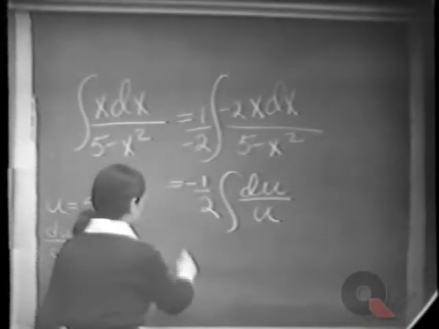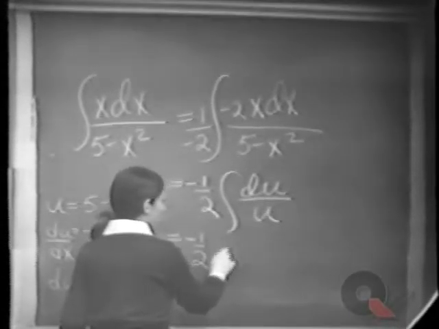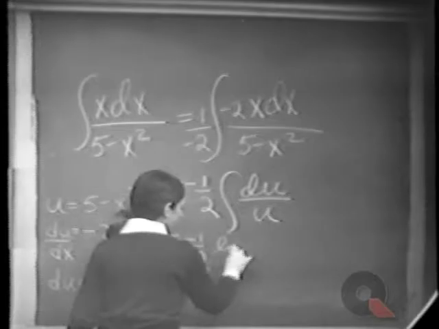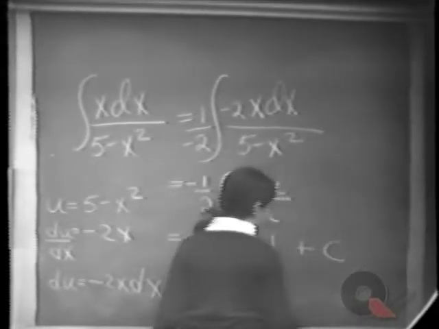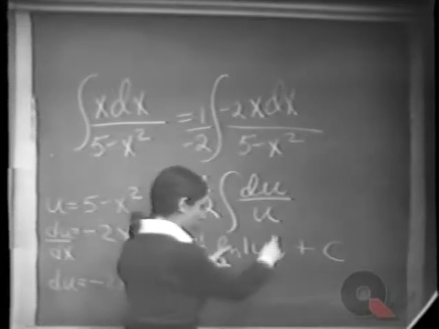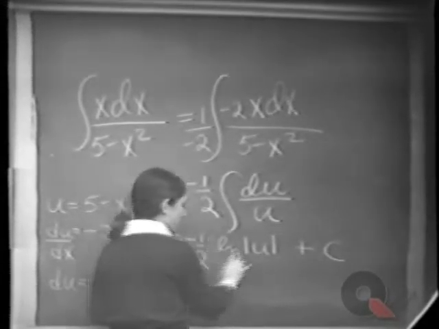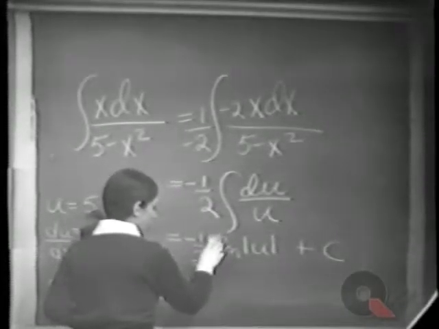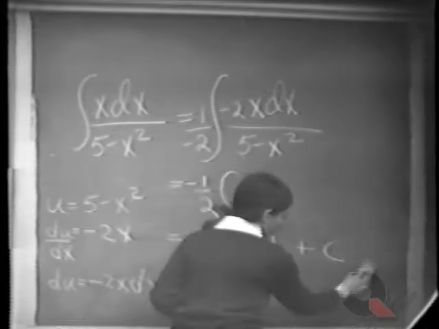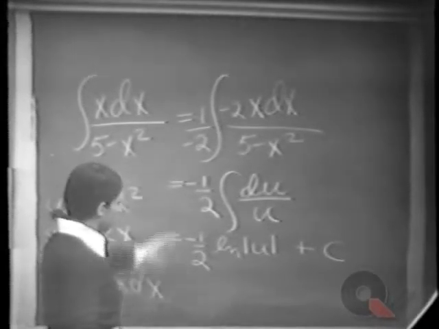But we know that the integral of du over u would be the natural log of the absolute value of u plus c. Once again, the constant can go outside or inside the parentheses, right? It would be correct this way, or to say that minus 1/2 times a constant is just some other constant, and leave out the parentheses.